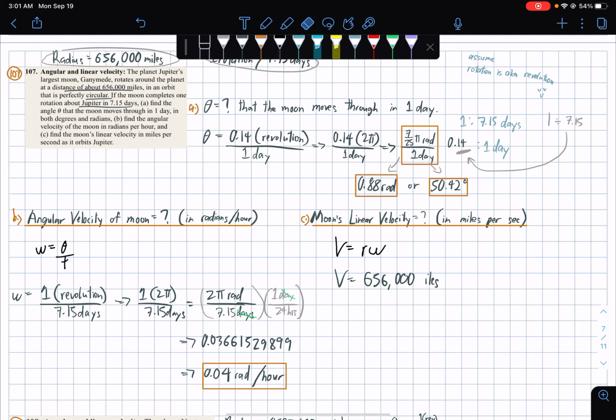Whatever the radius, it's always over 1 rad, 1 radian. And for the W, the angular velocity, it's 0.04 rad per hour.